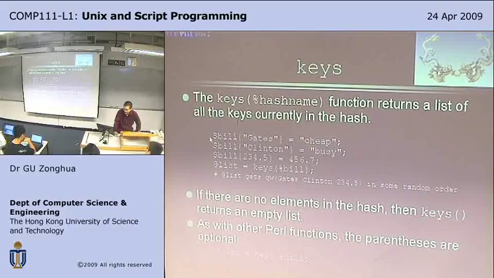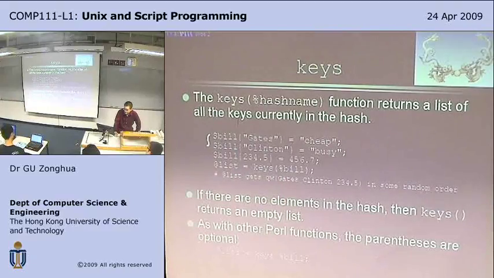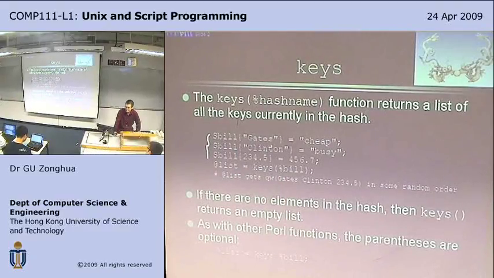So here's a hash variable %bill with 3 entries, and you grab the keys and assign it to a list or array variable. So @a is an array list variable, and % indicates a hash variable.